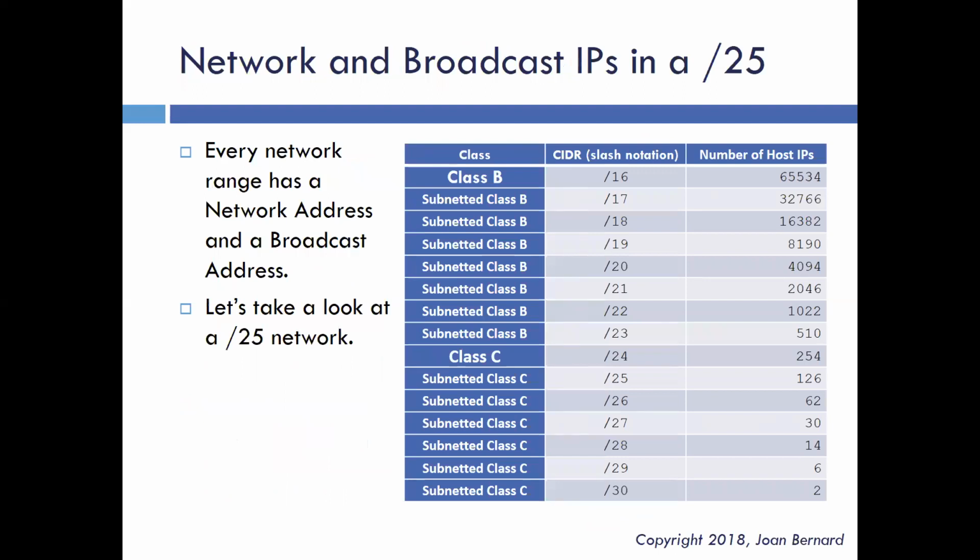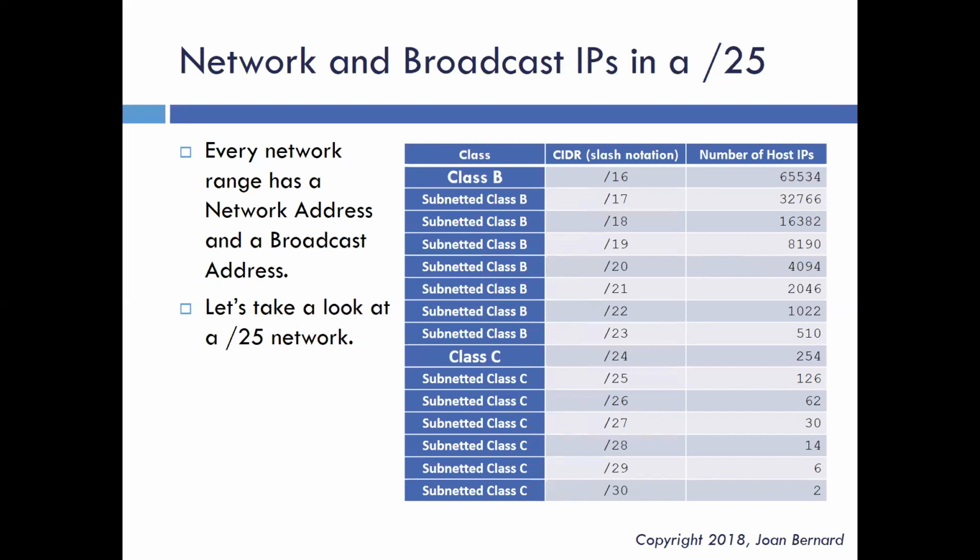From the previous video, we learned that there are subnetted network ranges in addition to the Class C and Class B IP address ranges. Each one of these subnets has a starting point and an ending point. The starting point, or the first IP in the range, is the network address.